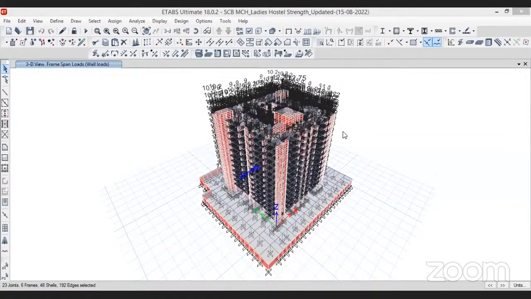The total BOQ, bill of quantities, will be arrived at in BIM software if we start executing the structure. Once you know the complete cost, once you know where what pipeline is coming out, where what electrical conduit is, where what switchboard is, everything that you can see visually in 3D is nothing but BIM.